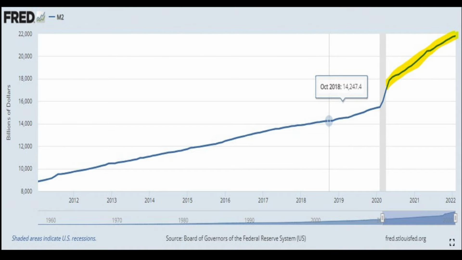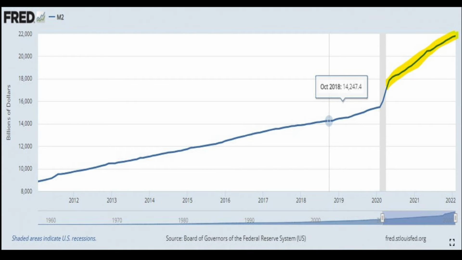So in simple terms, when we look at currency or money, or the US dollar, as an asset for Americans, it is, in theory, a limited supply. But when the government decides to print money, they are increasing the supply.